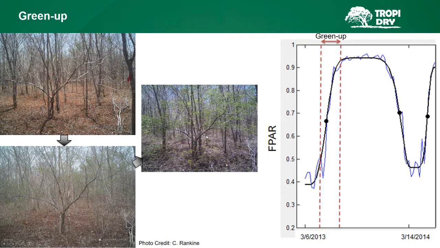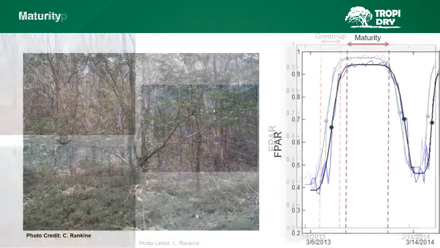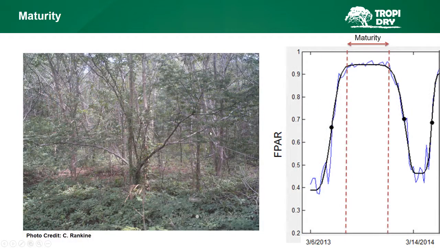This can last usually between 9 to 15 days, so it's a really quick transition from this dormant state to the maturity stage. This is when a forest is in full maturity. It is photosynthesizing at its maximum. As we can see here, it's plateaued pretty much.